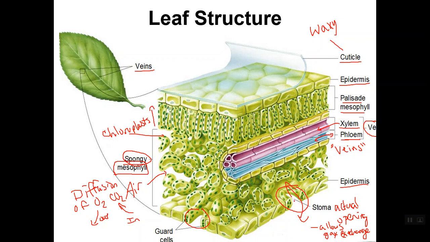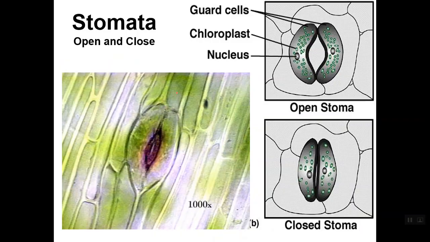On either side of the stomata, you're going to have two cells, called guard cells. I'm going to show you what these look like in a second, but their job is to open and close the stomata. We would have done this in class, but we're not together, so we're just going to look at a picture of it. This is the lower epidermis.